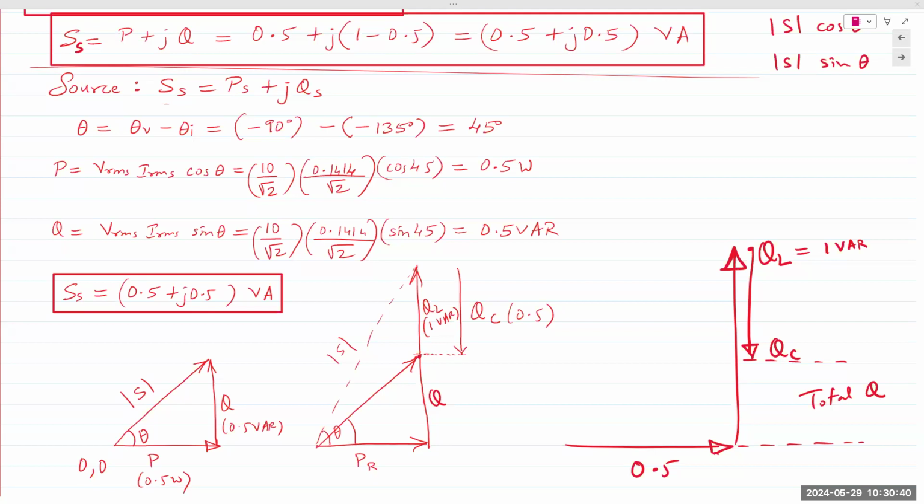But there are two reactive components, so this 0.5 is a combination of inductor and capacitor. And so we don't have individual powers for individual components. We still have to perform calculations to determine those. So this approach would work if you only need to find the total source power. Make sense? Right?